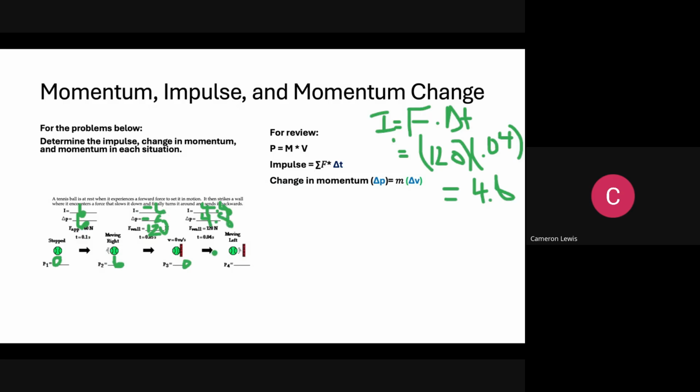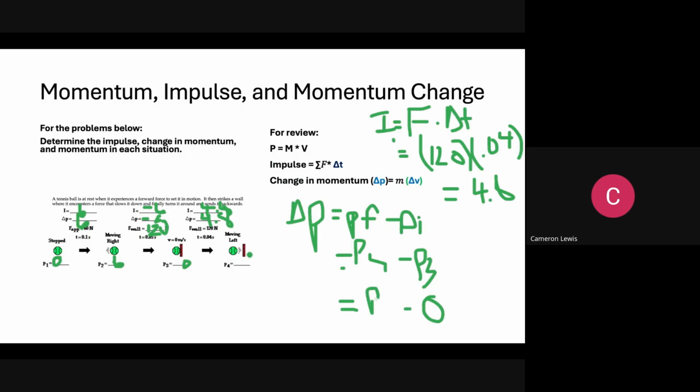So now that we know the change in momentum is 4.8, I can say my change in momentum is equal to my final momentum minus my initial momentum. If I'm looking between P3 and P4, what is my momentum at P3? 0, right?